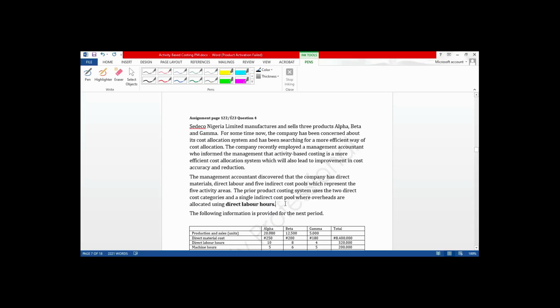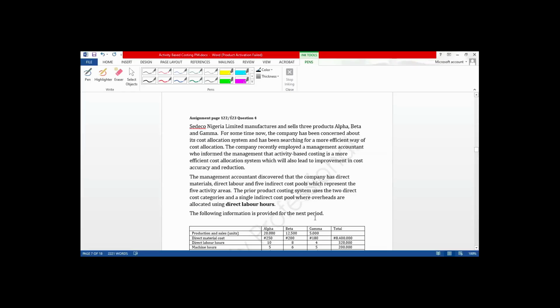This is the traditional method. Overhead are allocated using direct labor hour. This is the prior product costing system in the company. The following information is provided for the next period.